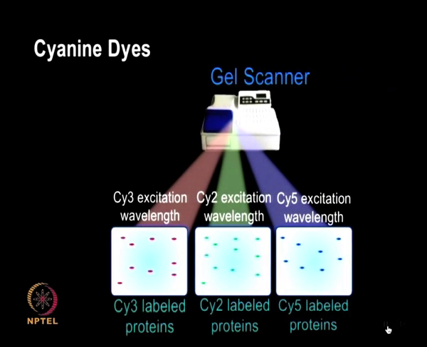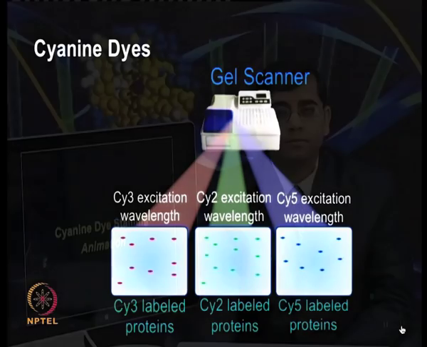The gel can be further scanned and viewed by illuminating it alternately with excitation wavelengths corresponding to the various Cy dyes. This technique minimizes the gel to gel variations and allows a large number of samples to be run by using a lesser number of gels. Therefore, it provides a very useful solution to various proteomic applications.